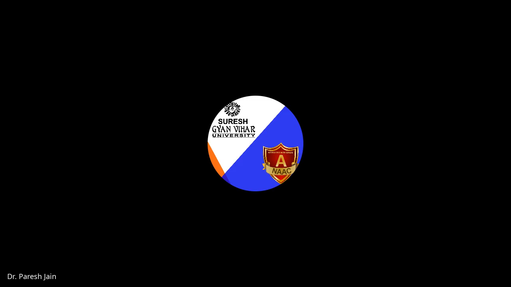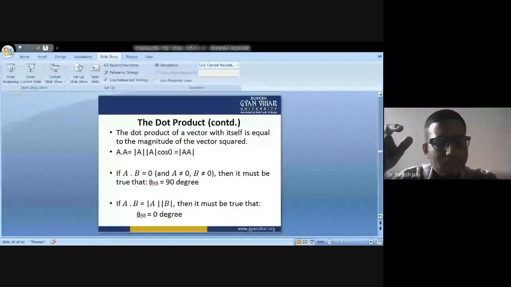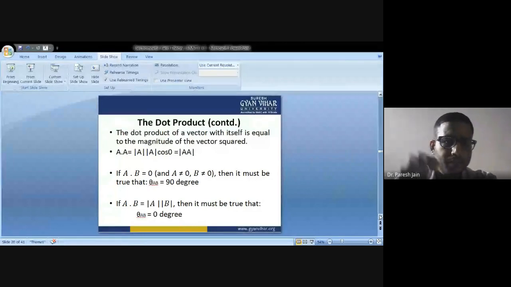In this dot product we are using the same vector, so the angle theta is equal to 0. So cos theta is 1, and the result will be the square of the magnitude of the vector, which is a scalar quantity.